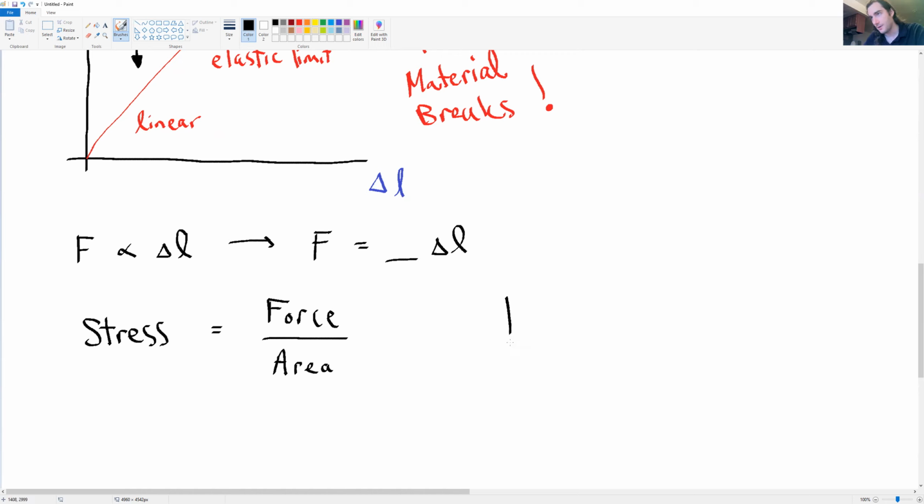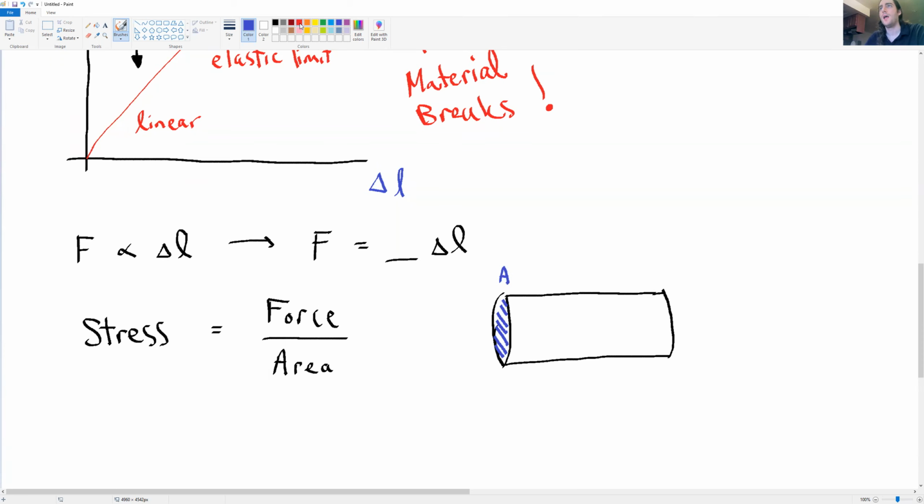Let's get a picture. So if I have some sort of maybe steel rod here like this, it's cylindrical. It doesn't matter if it's cylindrical or not.